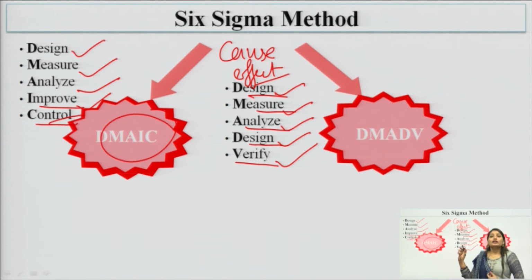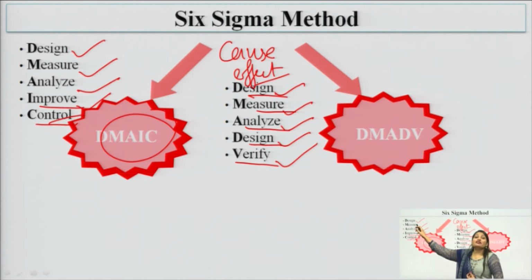Okay. So, there are two types of methodological approaches in the Six Sigma concept, and these approaches are DMAIC and DMADV. In DMAIC it is define, measure, analyze, improve and control, and in DMADV it is define, measure, analyze, design and verify. In the first step, we define the project goal; in this also we define the project goal.